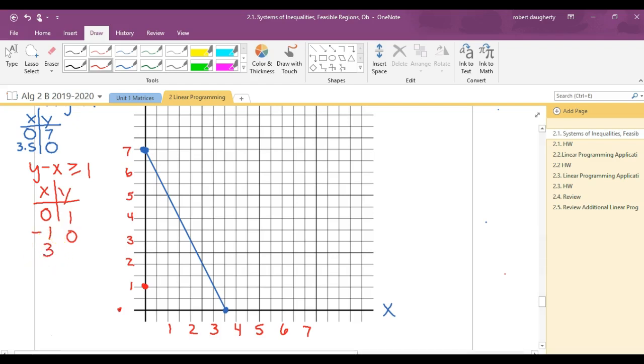If x is 3, let's look at that. If y minus 3 equals 1, then y is equal to what? 4. So the point 3, 4 has to go through this. Let's try that: 3, 1, 2, 3, 4. This point right here has to go through the line. That gives me a better shot at drawing this. So I'm going to go from here to here, and draw the line.